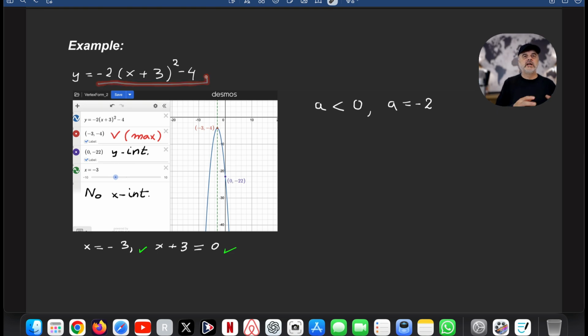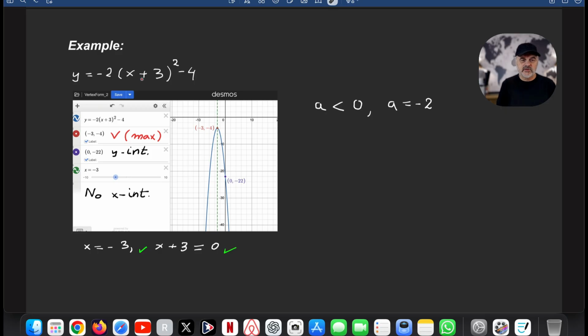We don't know if there are x-intercepts, and you can predict that there will not be any x-intercept when your vertex is below the x-axis and you're pointing down. So you start observing that there is a lot of information indirectly provided in that form.